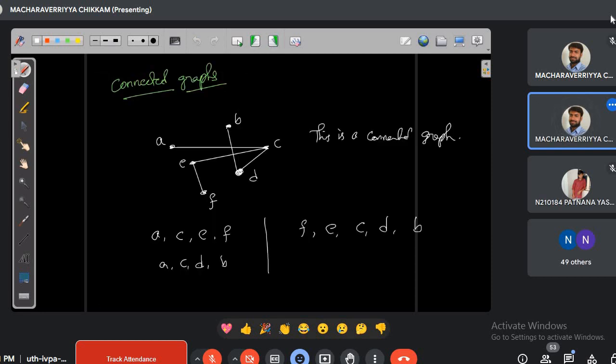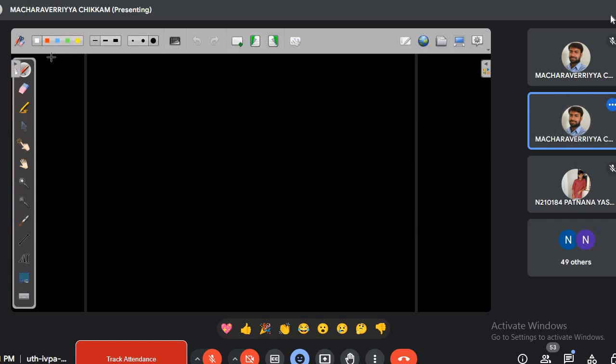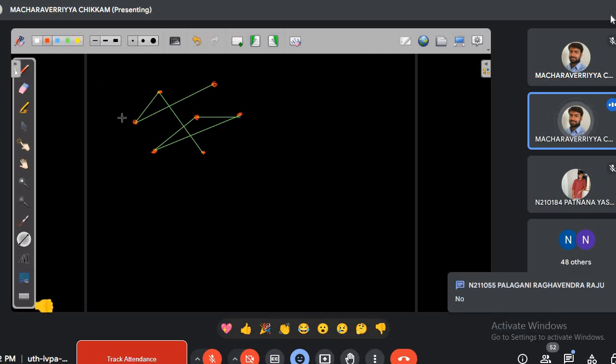All right. Now let me draw another graph. Tell me whether it is connected or not. Now is this graph connected? Let me denote the vertices.